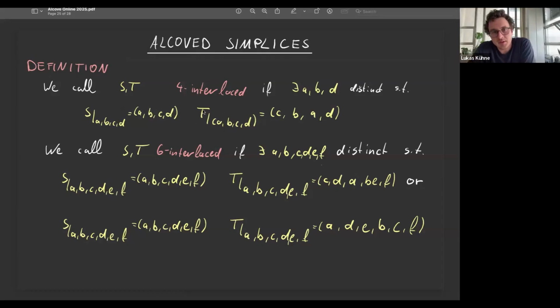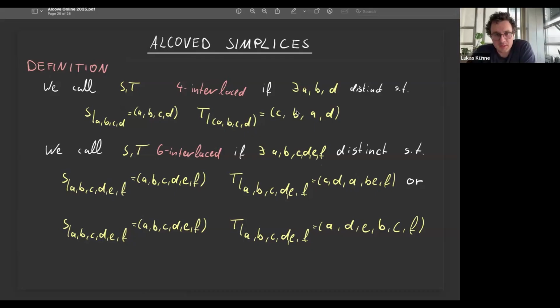But if I restrict my second partition to A, B, C, D, then we see exactly the twist we saw before, namely C, B, A, D. If this happens, we call it 4-interlaced, because by looking at the cycle before, there was an interlacing between the upper and the lower graph.